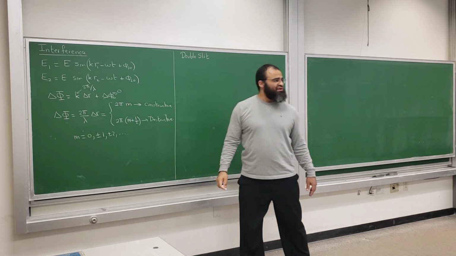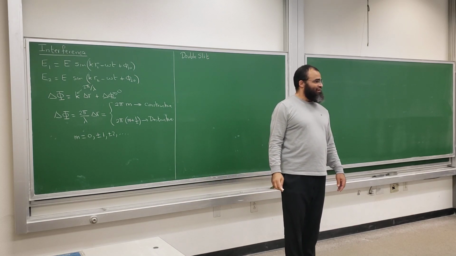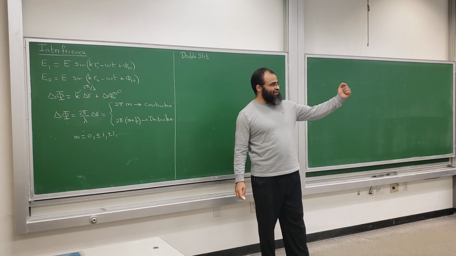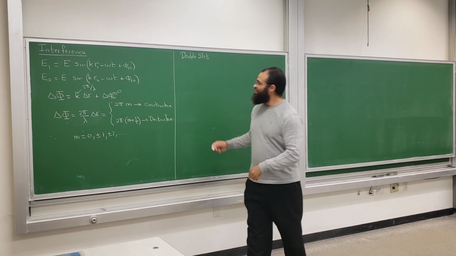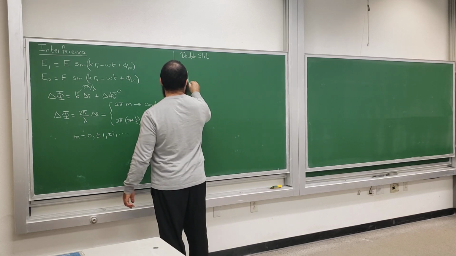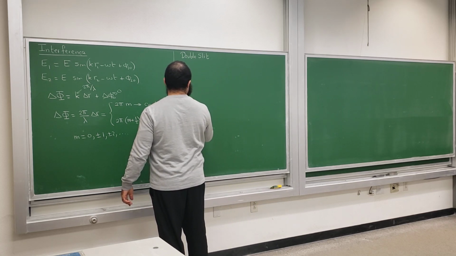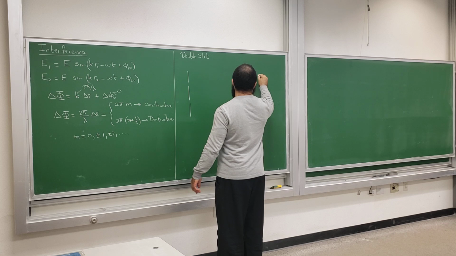What was the setup? You have 2 openings, and you send light. One of them goes through the top slit, the other goes through the bottom slit, and then you look on a screen that's kind of far away at what happens.